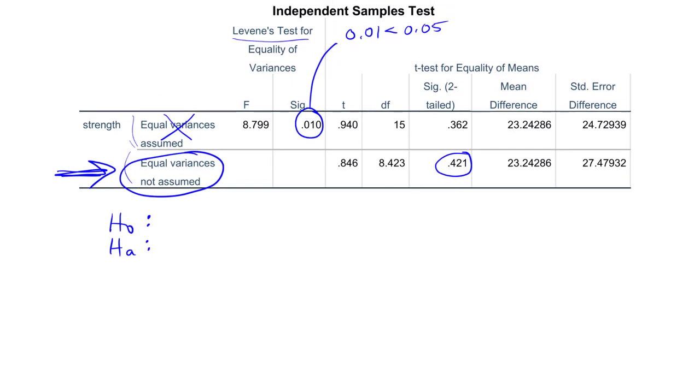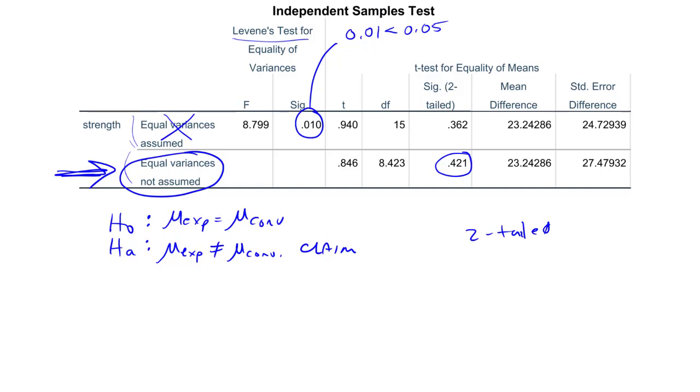So making a difference would be not the same, so mu experimental not equal to mu conventional is really our claim here. And mu experimental equals mu conventional would be our null because it has the equals. And equals, not equals is a two-tailed.